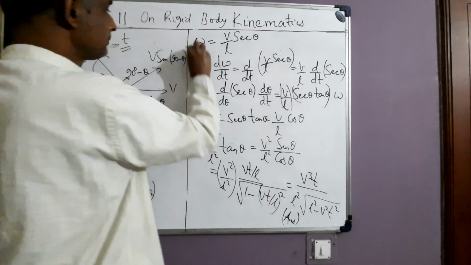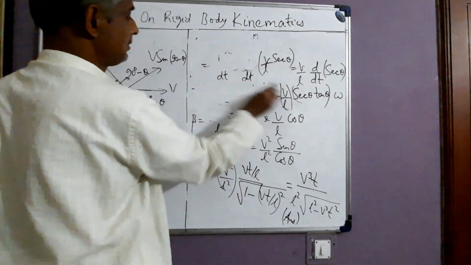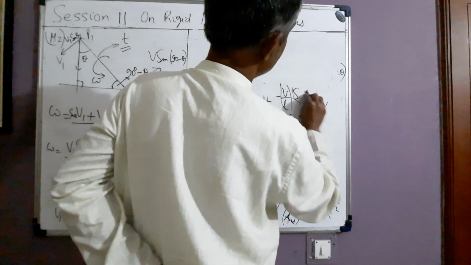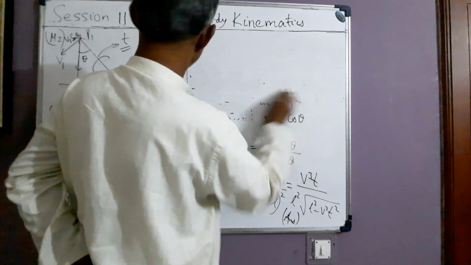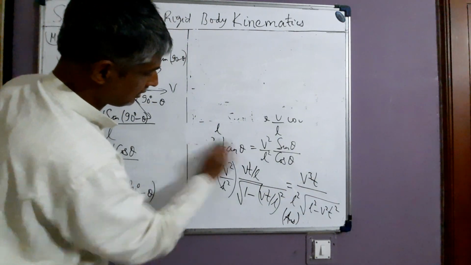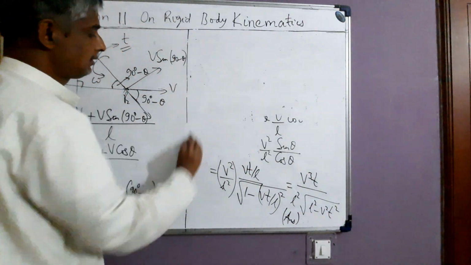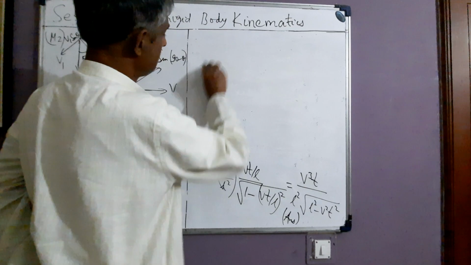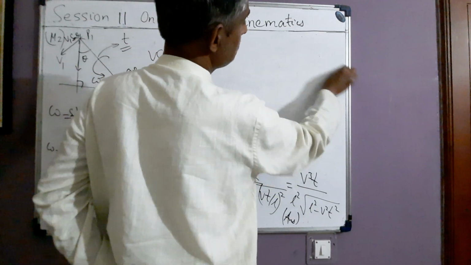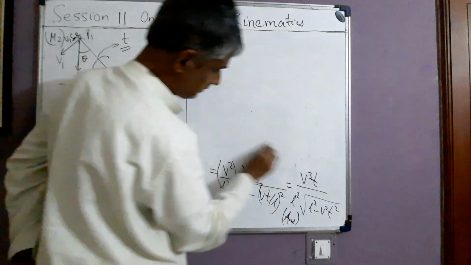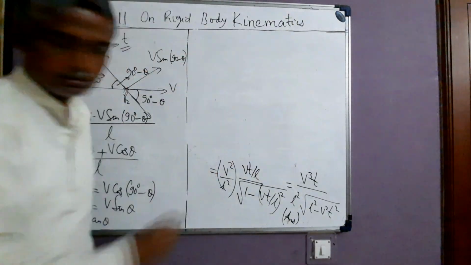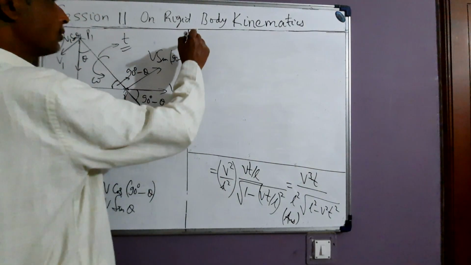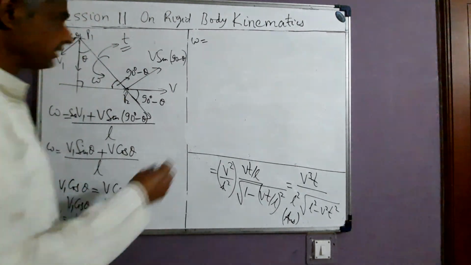Now I put V1 here. So omega becomes V1 sin theta plus V cos theta upon L, where V1 is V tan theta.